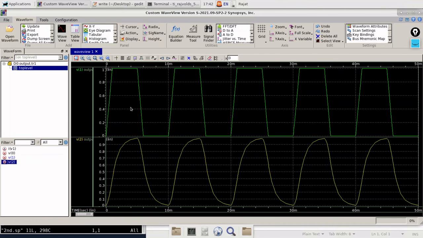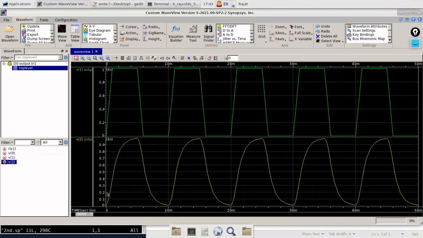So we have applied this pulse, and you can see that there is some rise time. This is the rise time, and this will be the fall time. And this is the pulse width, and this whole time taken would be called the period. So this is the pulse that we have applied, and this is the corresponding output through the capacitor that we are getting.